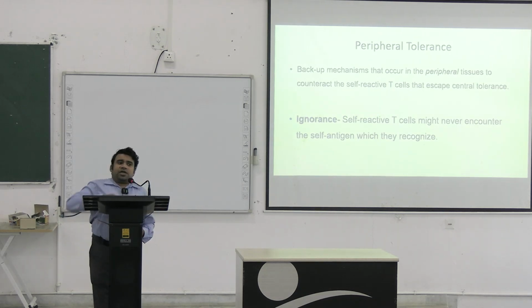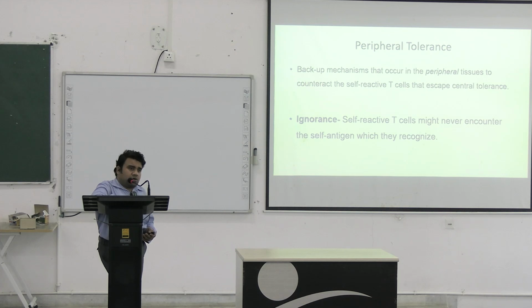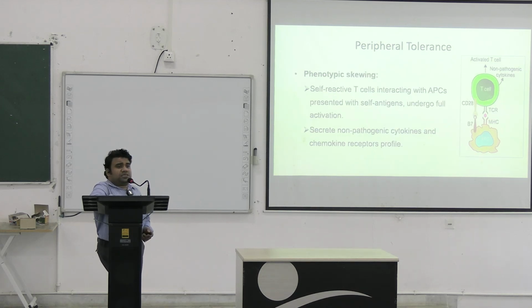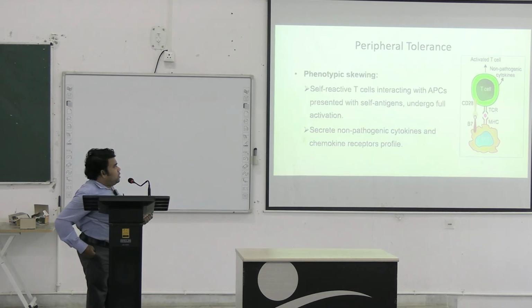So, if we summarize the methods of peripheral tolerance, first would be ignorance. Some of the self-reactive T cells might never encounter self-antigen when they recognize it, because it has not been processed, so they cannot even recognize them. Second would be anergy, I have already told you. Third would be phenotypic skewing. What is phenotypic skewing?